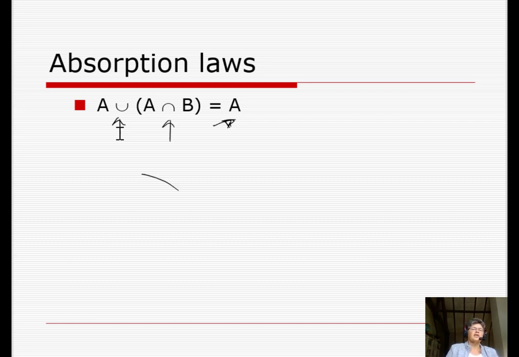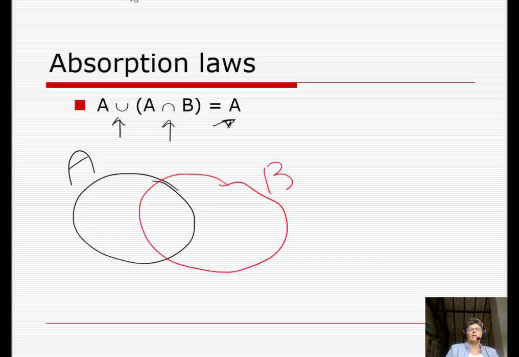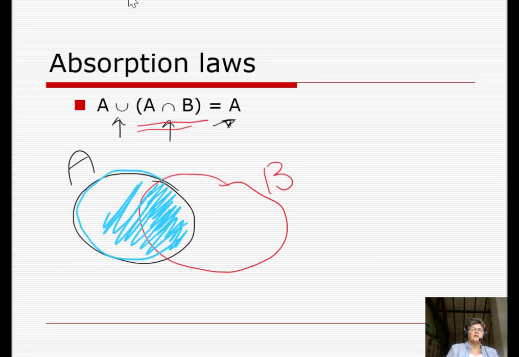So if I have a set A and I have a set B, if I first do A intersected with B, so that would give us this middle part, and then unite it with A, the first part, then we have as an extra this element, and indeed we go back to the original set A. That's called the absorption law, and it goes two ways.